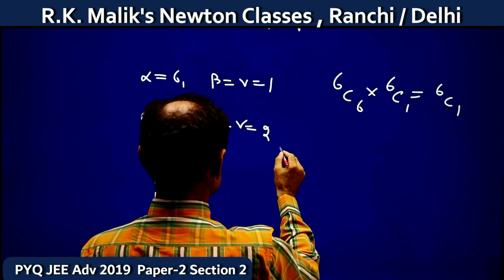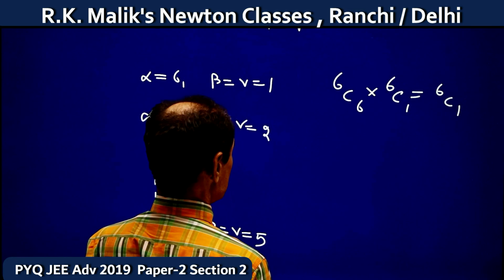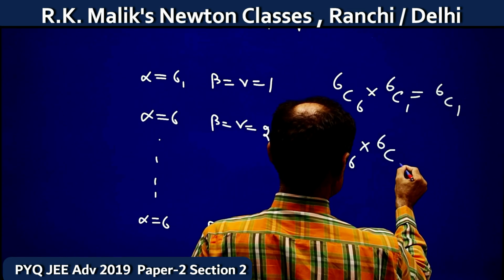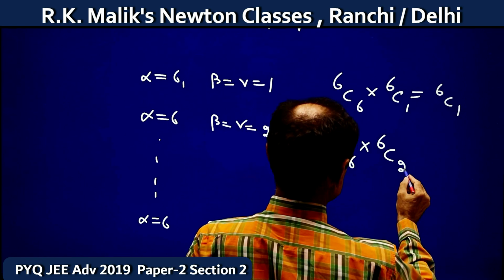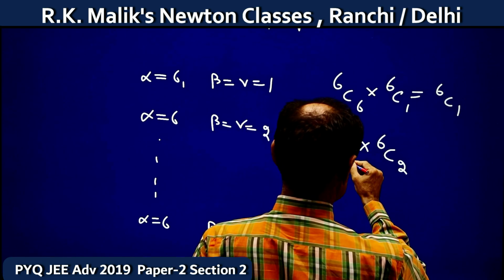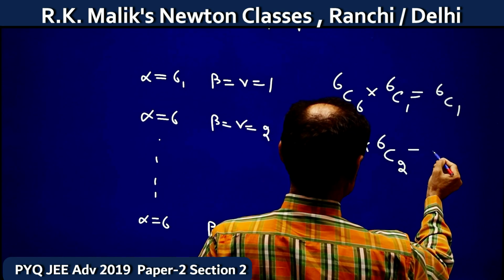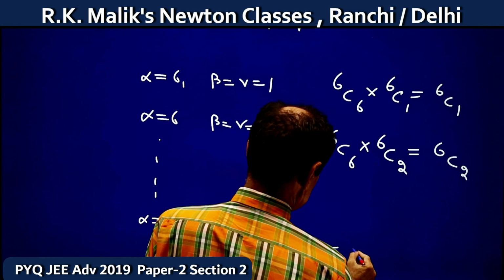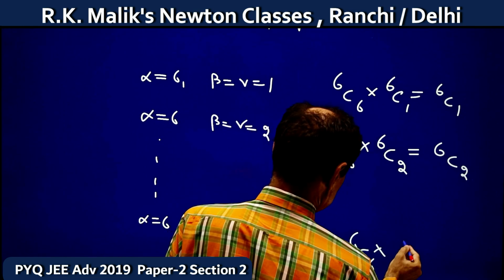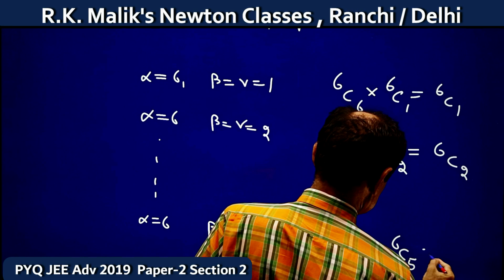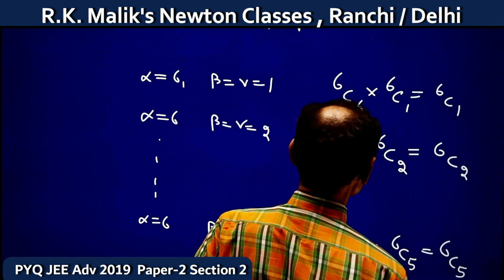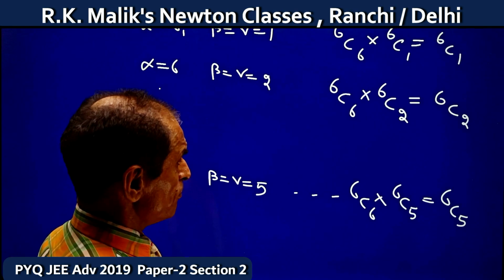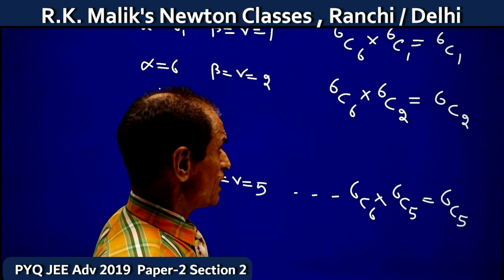For alpha equal to 6, beta and gamma equal to 2 means 6C6 into 6C2, because two elements of the set B should be from the 6 elements of the set A, that is 6C2. And lastly, 6C6 into 6C5, that is 6C5.